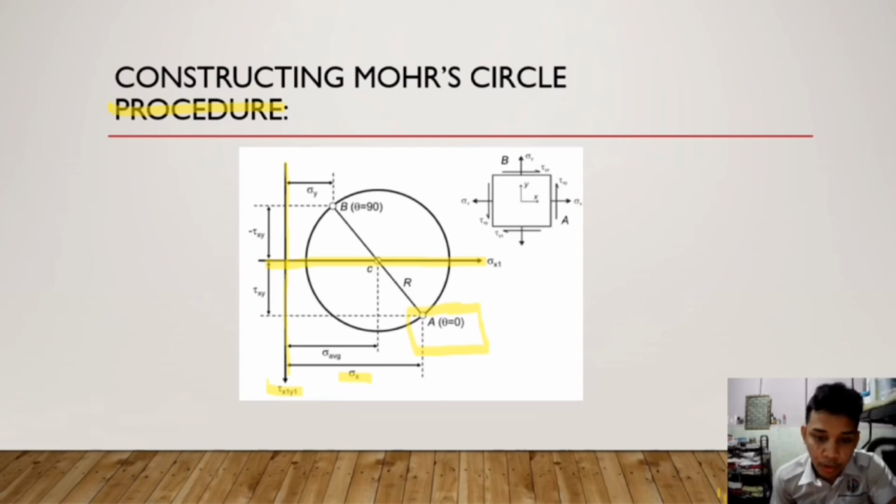Note that point A on the circle corresponds to theta equals 0 degrees.